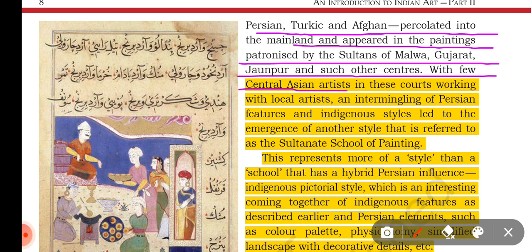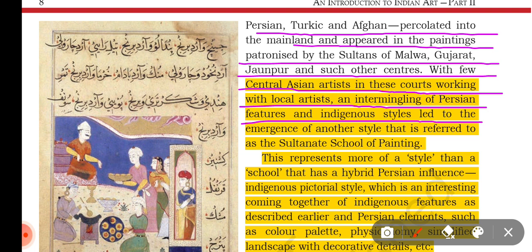With a few Central Asian artists in this school working with local artists, the intermingling of Persian features and indigenous style led to the emergence of another style that is referred to as the Sultanate schools of painting.